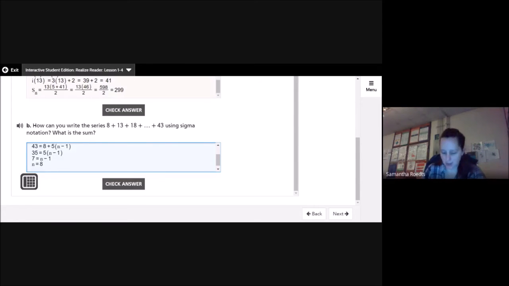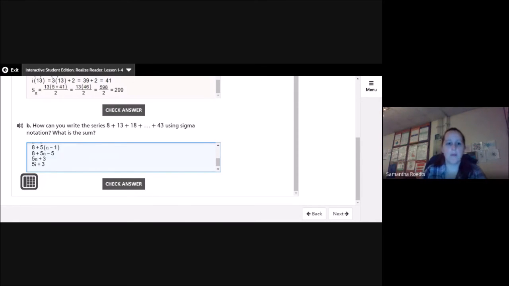So I go from 1 to 8. And I'm going to substitute that value back in. So I have 8 plus 5 times n minus 1, which gives me 8 plus 5n minus 5. So I have 5n plus 3. I'm going to rewrite using i, so 5i plus 3.